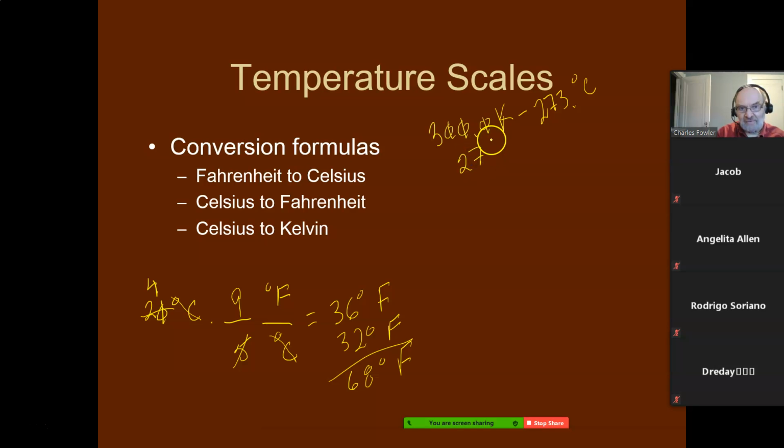I'll just leave it 27 degrees Celsius. I don't see how they can get any more digits than that. All right, the next question it asked was, what is the equivalent Fahrenheit temperature? Wait a minute. Did we have a formula that takes you from Kelvin to Fahrenheit?